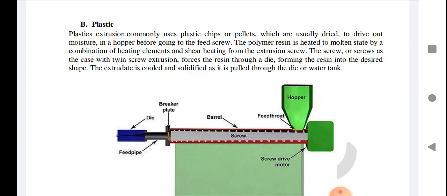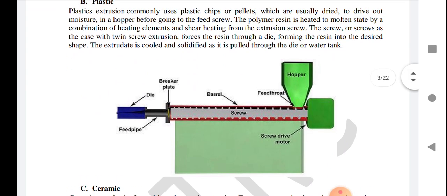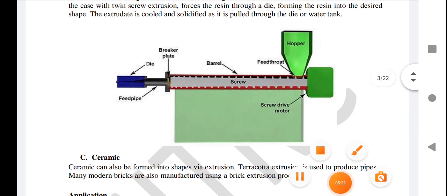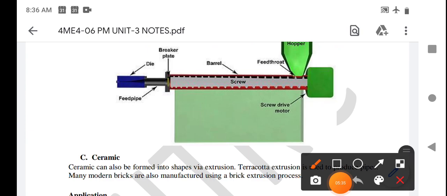Plastic extrusion commonly uses plastic chips, pellets, which are usually dried to drive out moisture. In the hopper, as you see in this figure, we put plastic chips, which are melted and then moved to this barrel.